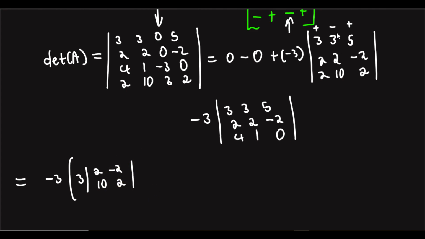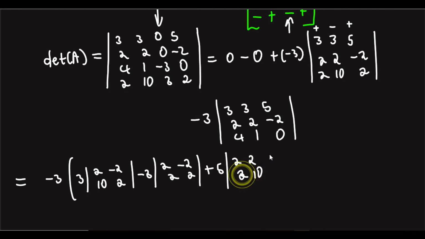The second entry will be negative, so it will be negative 3, and then I'll block the first row and the second column, so I would have 2, negative 2, 2 and 2. The last entry will be positive according to the checkerboard, so it will be positive 5, and then I'll block the first row and the last column, and then I'll have 2, 2, 2 and 10. Okay, now we are done expanding this one.